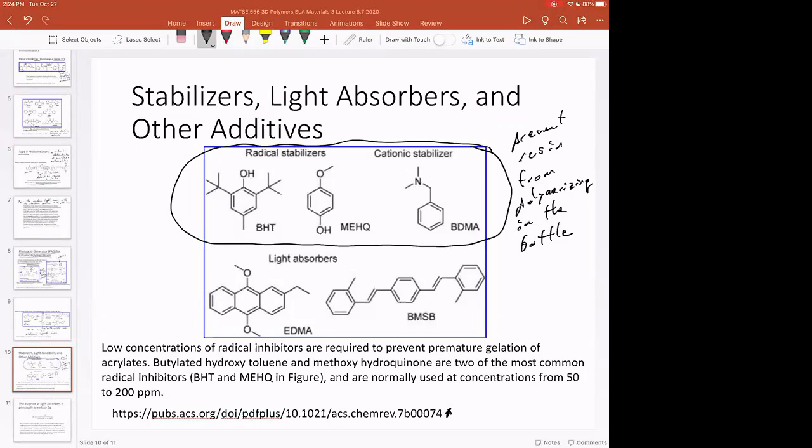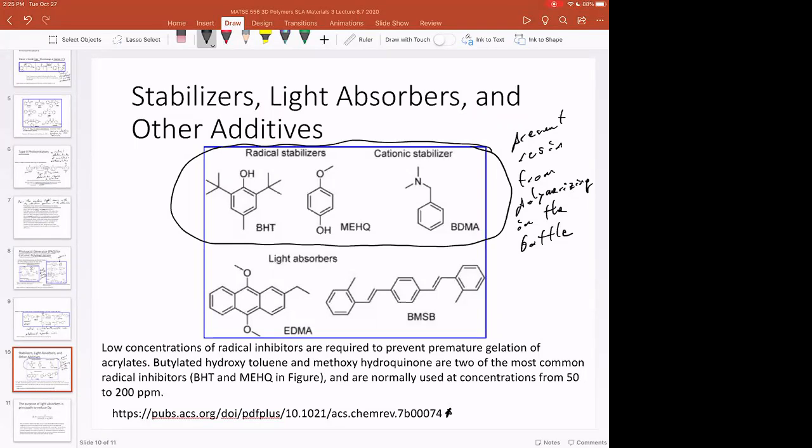These basically act as preservatives to enhance the shelf life of the resins so they don't polymerize prematurely. And so even though this might impact the photopolymerization a little bit, it really helps with shelf stability of the resins.